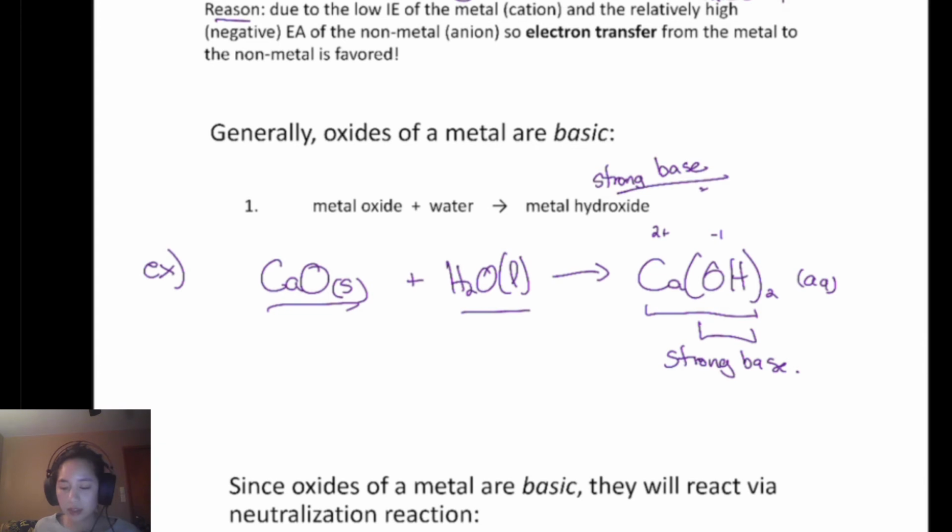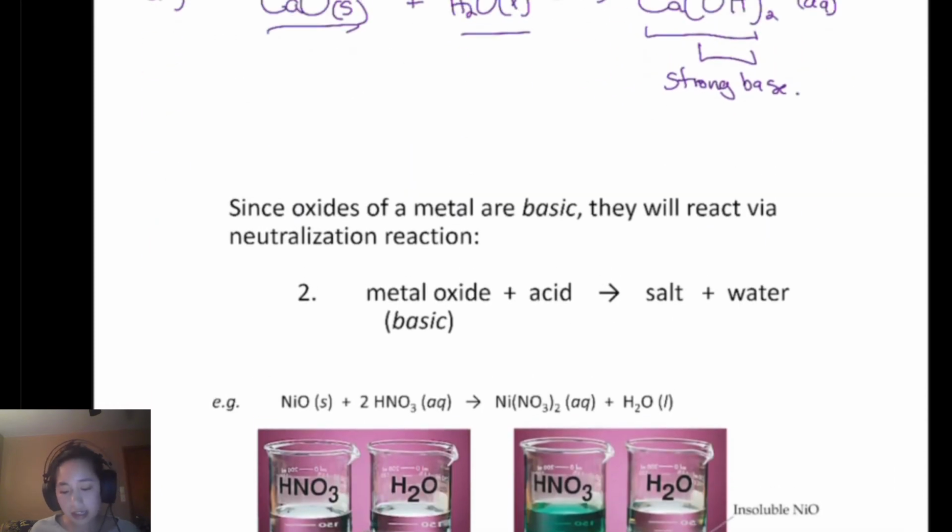All right. So since metal oxides are basic, that means you can neutralize them with acid. So instead of chucking a metal oxide into water, we can chuck it into acid. And since we know metal oxides are basic, this should in turn produce a neutralization reaction, which it does. If we take a metal oxide plus an acid like HCl or nitric acid, anything with a hydrogen cation associated with it, a neutralization reaction should occur.